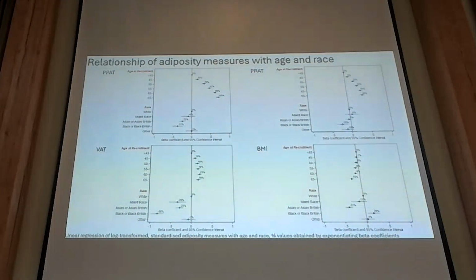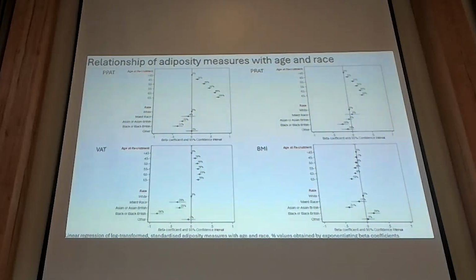These are the beta coefficients from linear regressions of these standardized adiposity measures. We were struck by the pronounced relationship of PPAT with age: men in the oldest age category of UK Biobank have twice as much periprostatic adipose tissue as the men in the youngest age groups.